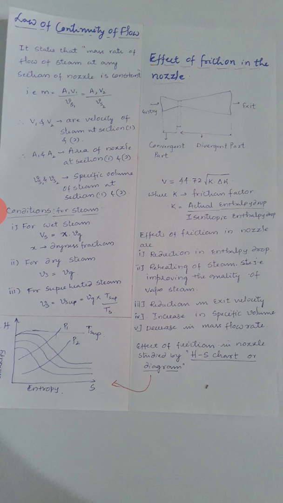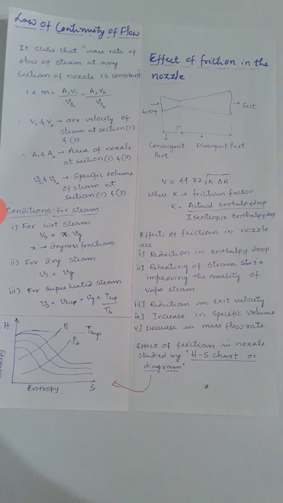The first condition is, for wet steam the specific volume Vs becomes x into Vg, where x indicates the dryness fraction or quality of the steam. By knowing the dryness fraction from the steam table, we can tell which quality of steam it is. Vg is the specific volume of vapor.